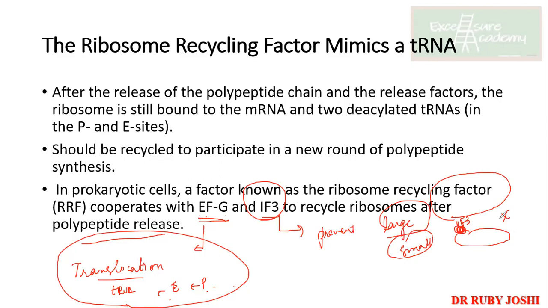Now why do we need IF3? Because we are going to dissociate the large subunit and the small subunit. So that they don't interact again, IF3 will go and bind over there. So EFG's job is to make tRNA free from the ribosome complex, and IF3's job is to prevent the large subunit from interacting back with the small subunit.